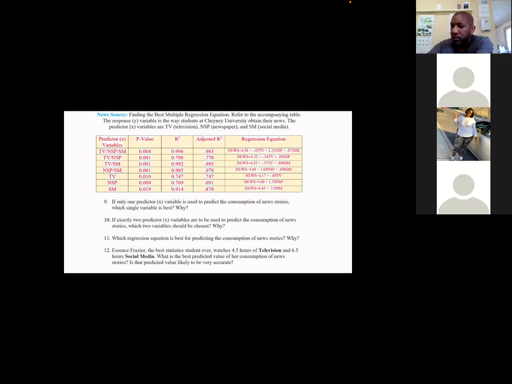And if that gain is over 0.05, then it's better to use the two variable one. And in this case it is.